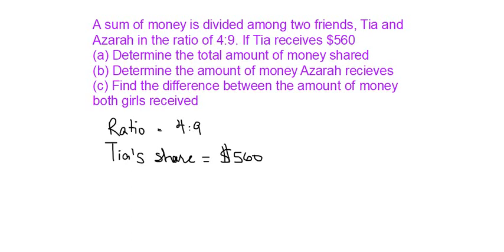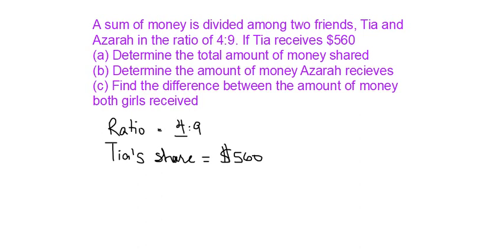So in total, in the first share, we're sharing $13 in total, right? So if we have to get the fraction that Tia receives, we actually have to express the portion of the ratio that is Tia's as a fraction out of the total amount shared, right?